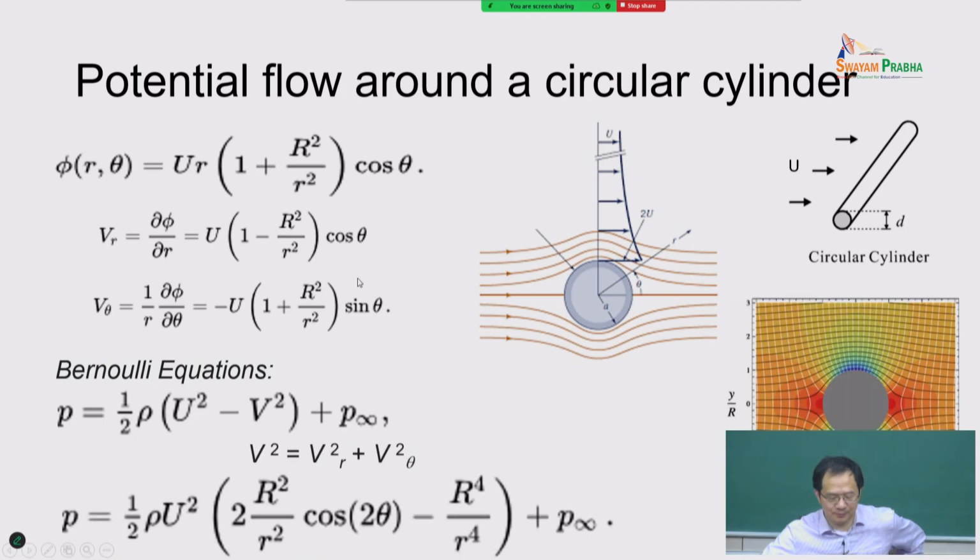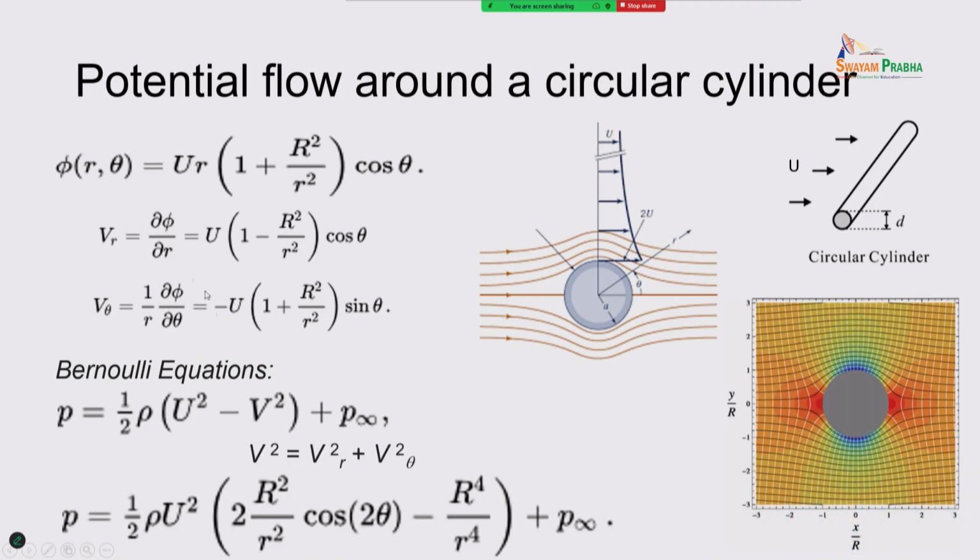Now you have the velocity V squared, you plug that into the equation, and you get the pressure like this one. That is the pressure in the potential field at any place.